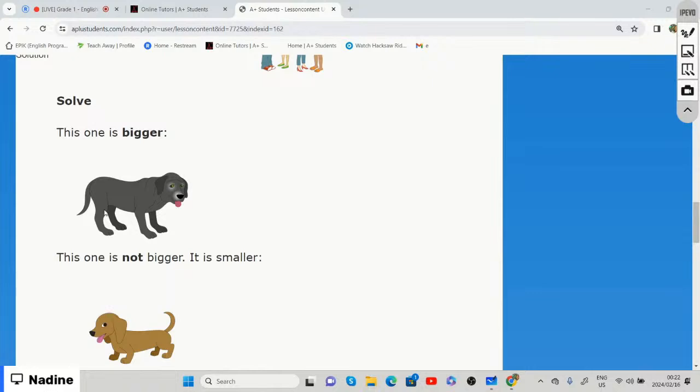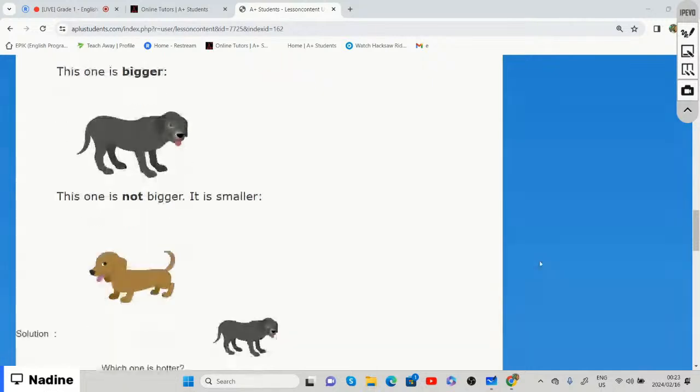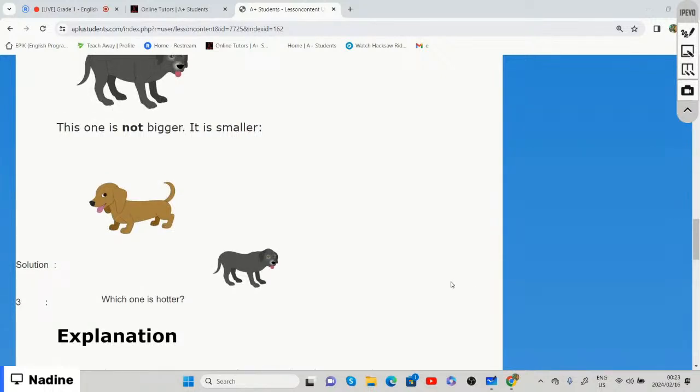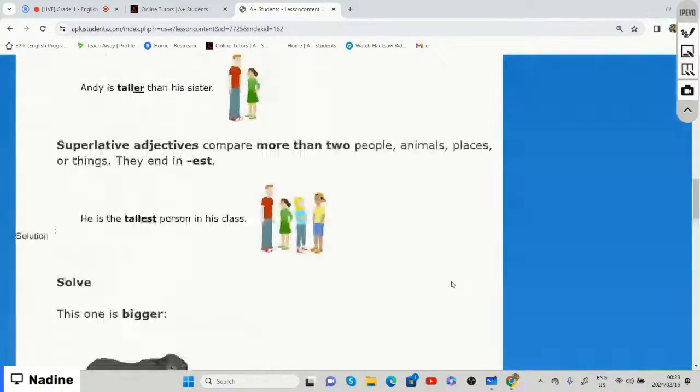So we can either say it is bigger than the small one, or we can just say it is bigger, which means that the smaller or little one is not bigger. It is smaller. And we said he is the tallest person in his class, right? All right.